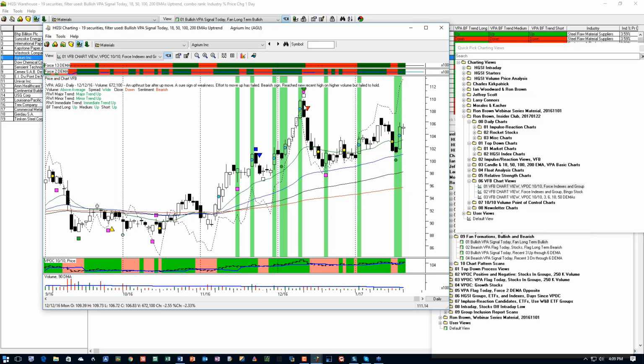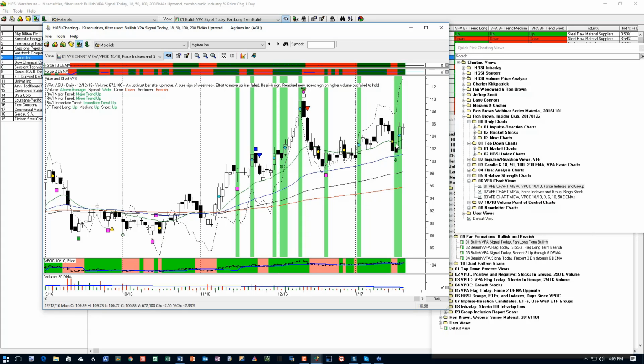It opened at the same spot, and then it just reversed. Here is an example of a multiple VPA flag, and look how right on that was. I mean, these were generated at the time. These are not signals that are filled in later. These are happening right now.